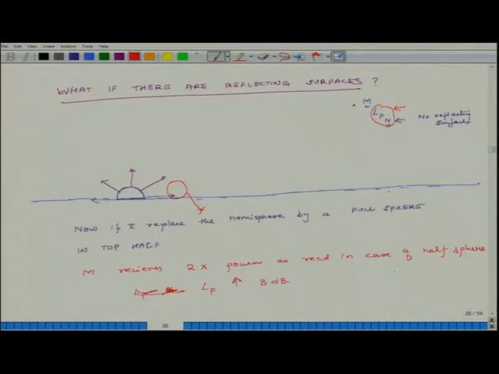So if I have one reflecting plane going through the middle of the sphere and the whole sphere is above that reflecting plane, then my sound pressure level goes up by 3 decibels.